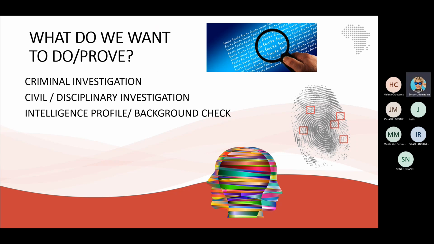So there are 3 broad categories of investigations. Criminal investigations, that's when we investigate something that's a crime. In other words, it's in either the common law or it's in one of the statutory laws. Then civil or disciplinary investigations.